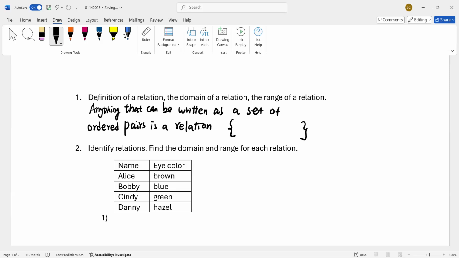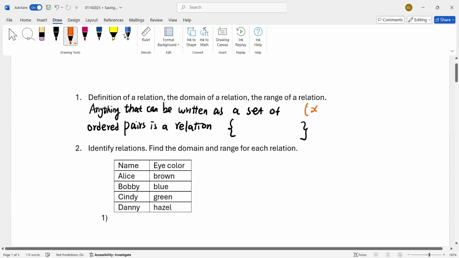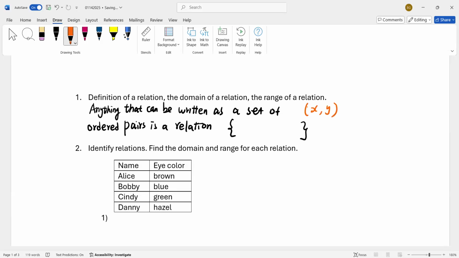So the members in the set, they look like this. We use a parenthesis to frame the two components in the ordered pair. The first component we use x, the second component we use y, and then we use a comma to separate the two components and use a parenthesis to frame them. This notation in algebra, we use that to represent an ordered pair.